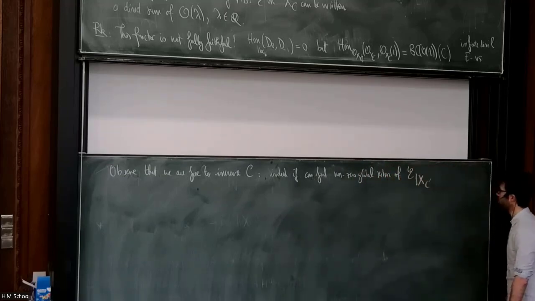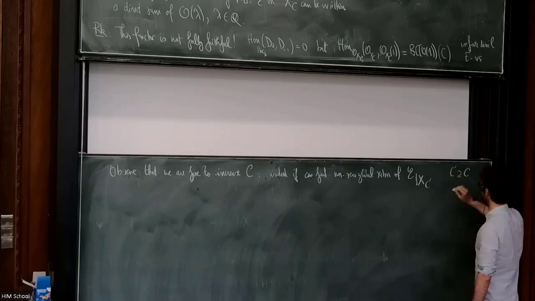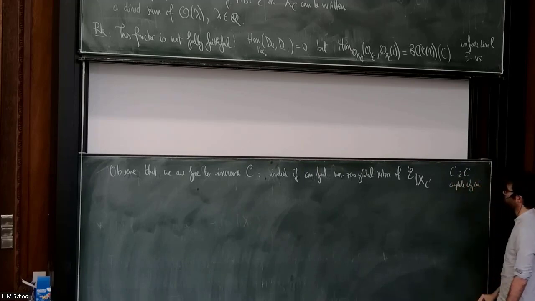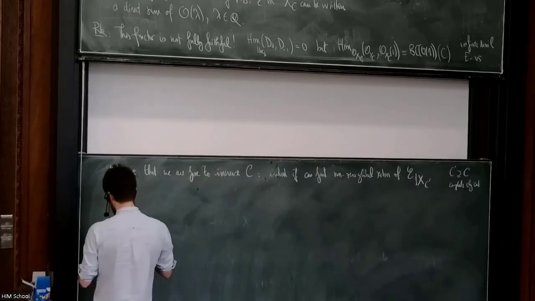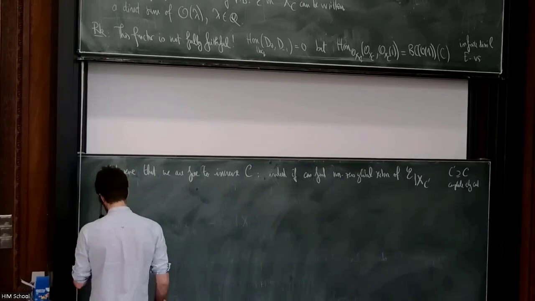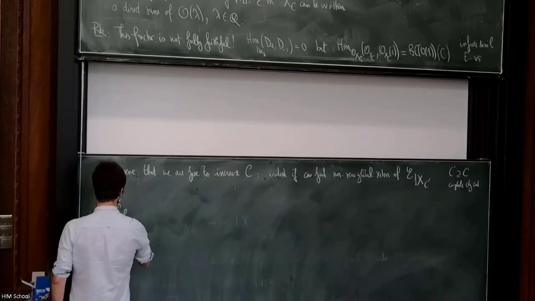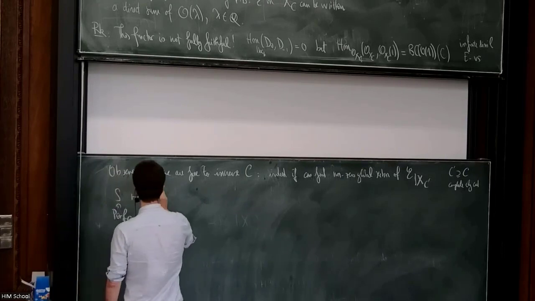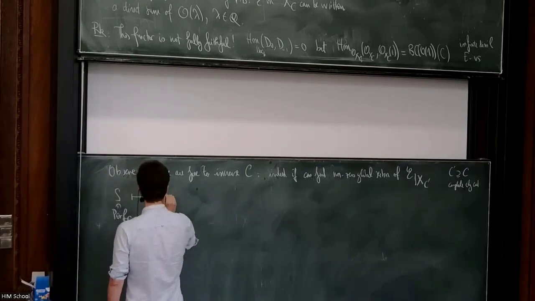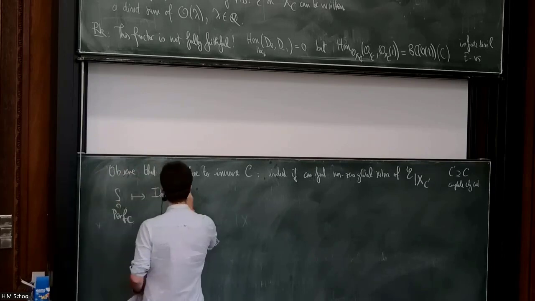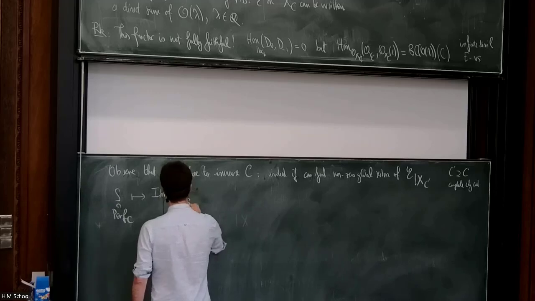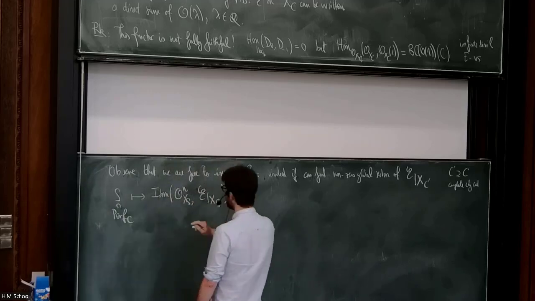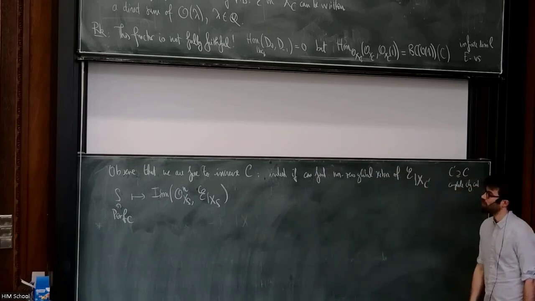after base change to X_C prime, where C prime is, as I said, also a complete algebraically closed extension of C, then this means that the sheaf sending S, a perfectoid space over C, to isomorphisms between n copies of the structure sheaf and E on X_S will be a torsor.